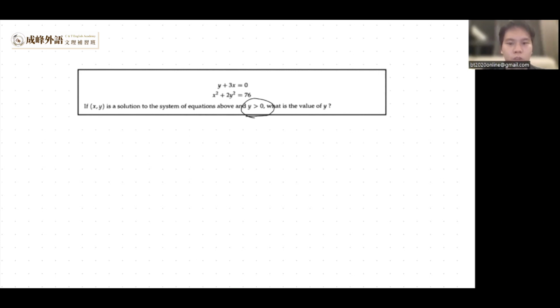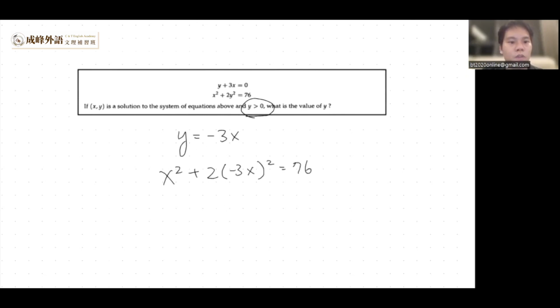In the first equation, we're going to isolate y. We're going to get y equals negative 3x. By plugging this into the second equation, we will have x squared plus 2 times negative 3x squared equals 76. In this case, we got rid of y.